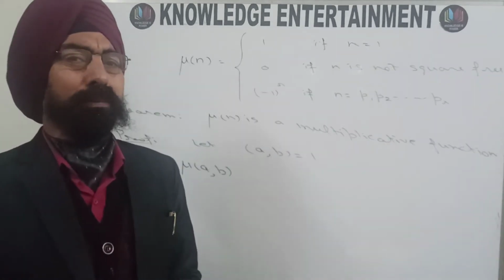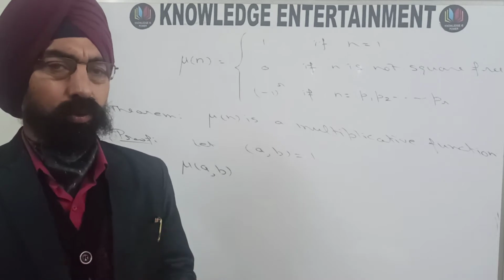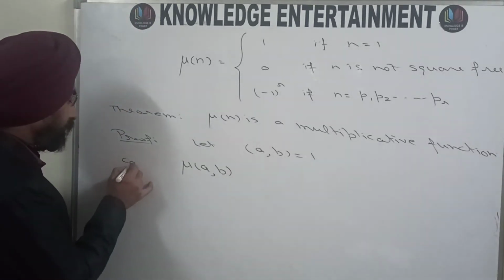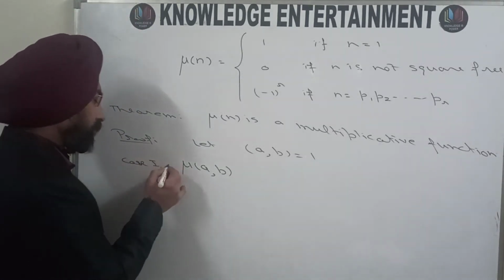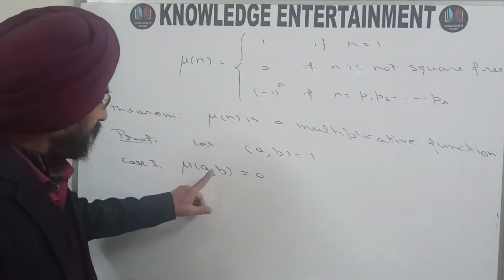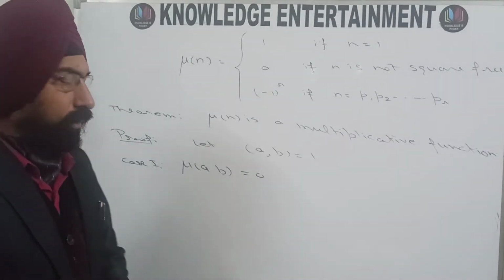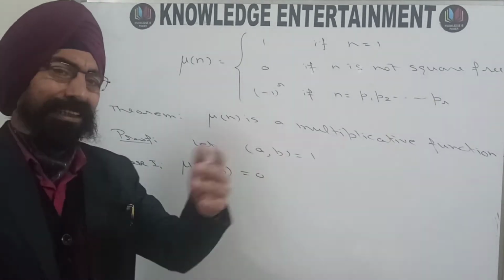Either mu AB is 0 or it is not 0. So case 1, mu AB is 0. Mu AB, it is not comma AB, it is the product. So mu AB is 0.